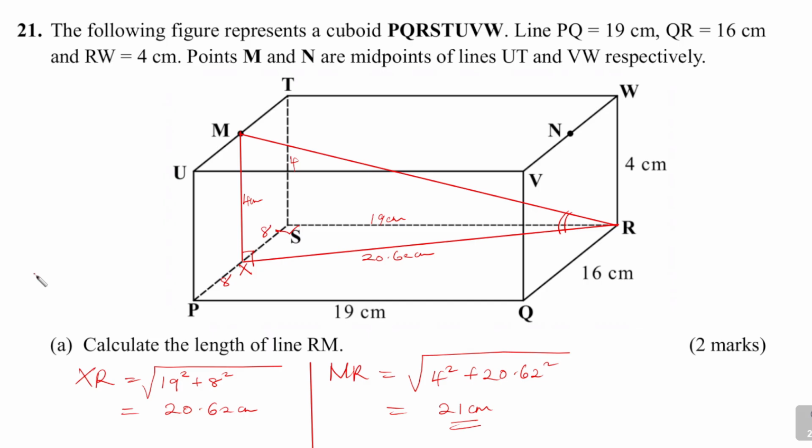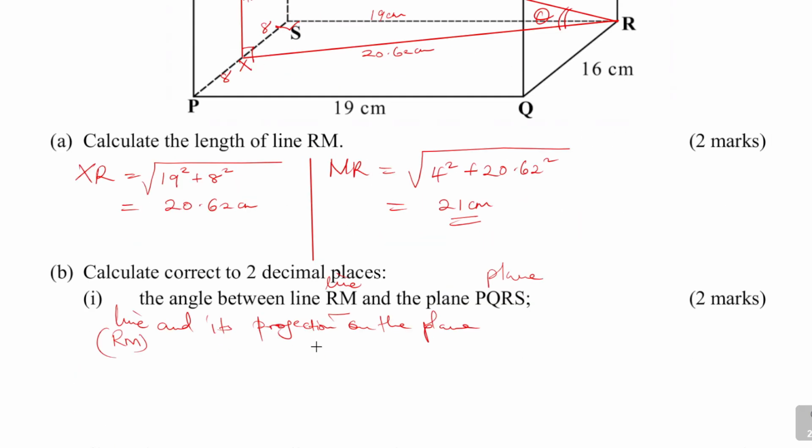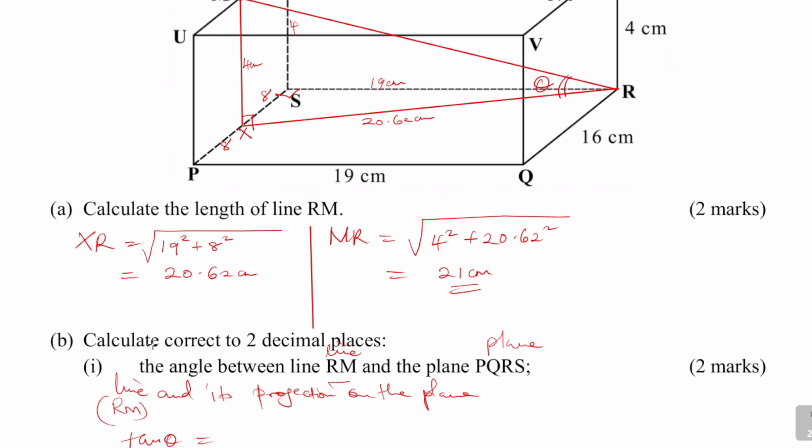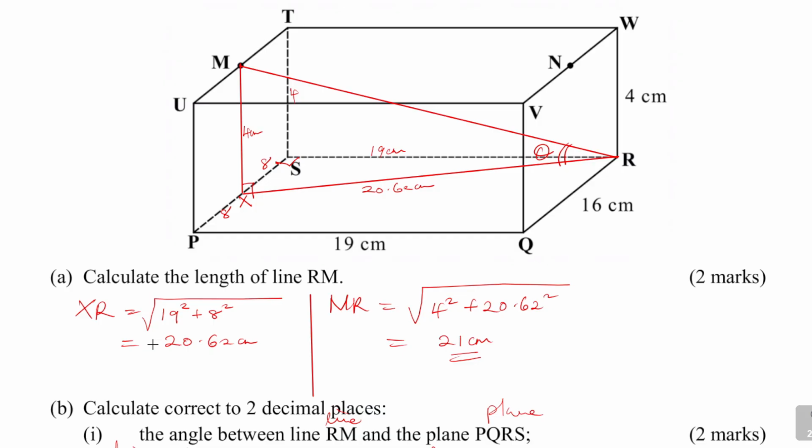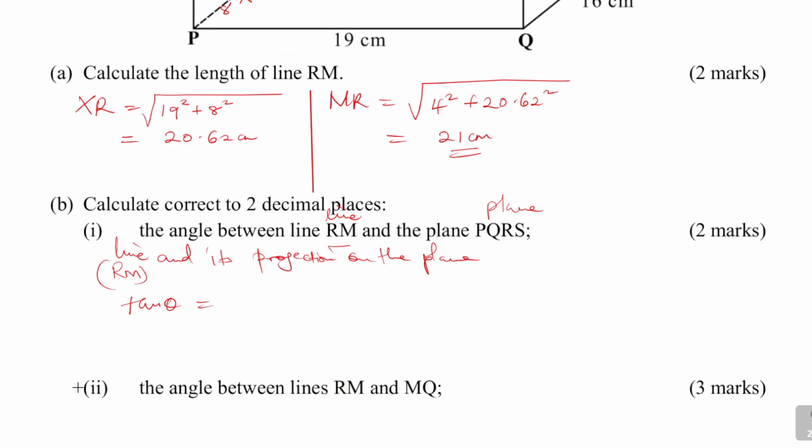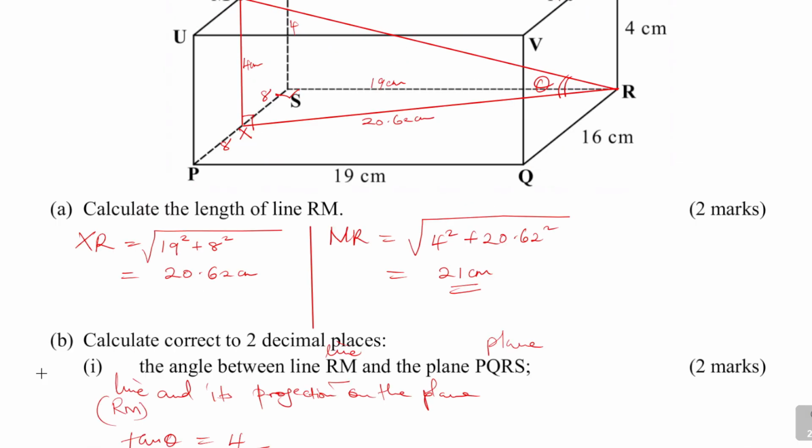So we shall get this angle by using trig ratios, and we can use any suitable. Let me use a tan. So tangent of that angle is given by the opposite side, which is MX, which is 4, divided by the adjacent side, which is XR.